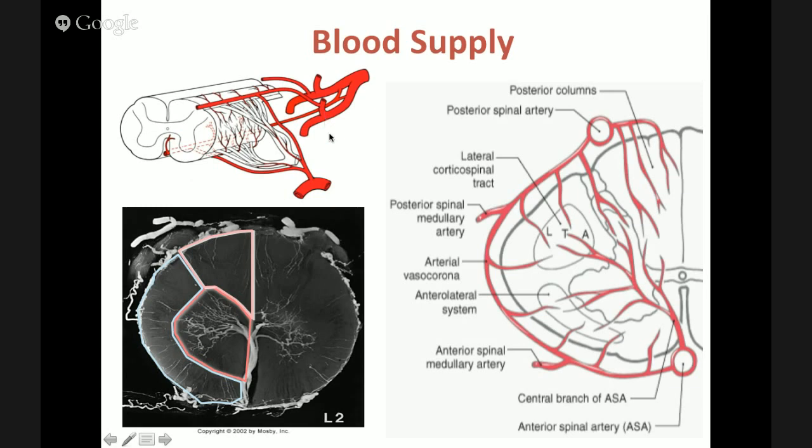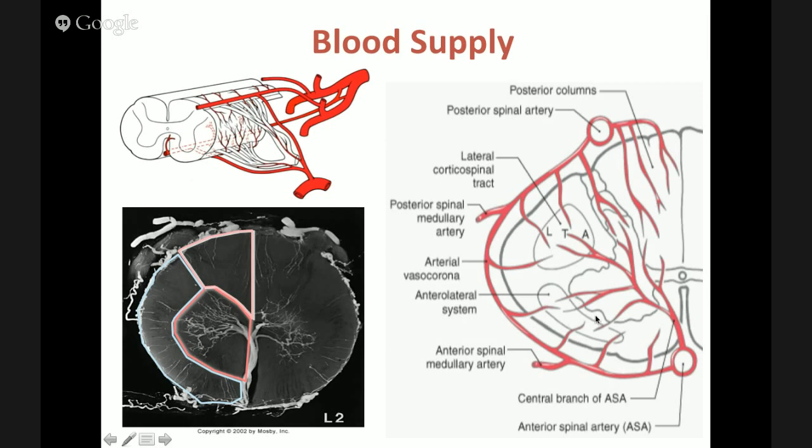In addition, there are branches that are coming from segmental arteries. A lot of the posterior intercostals or the segmental arteries coming from the descending aorta in the abdomen will give rise to these medullary branches, which then give off radicular branches to the dorsal root or to the ventral root.